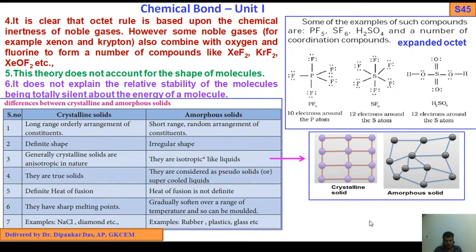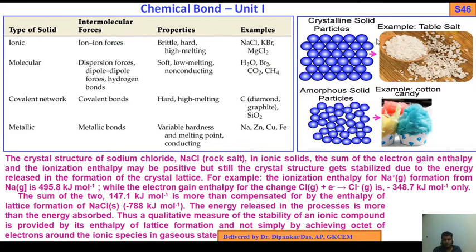irregularly arranged. Now come to the examples of crystalline solids and amorphous solids. Here in the crystalline solid, you see how orderly arranged the atoms, molecules, or ions are. Very nice arrangement in three-dimensional space.